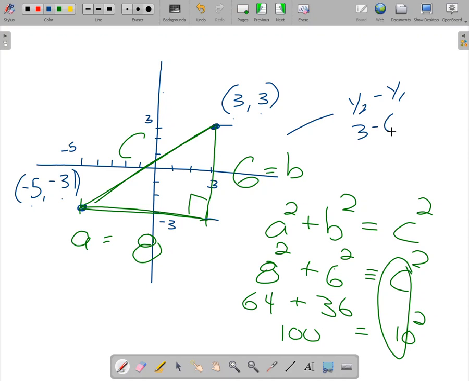That's 3 minus -3, which is the same as 3 plus 3, or 6. So the distance formula is the Pythagorean theorem in disguise. I think it's way easier to draw it than worry about that formula. Excellent comment. Glad you both brought that up. Other questions?